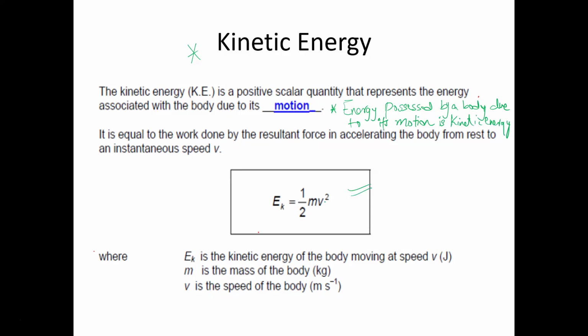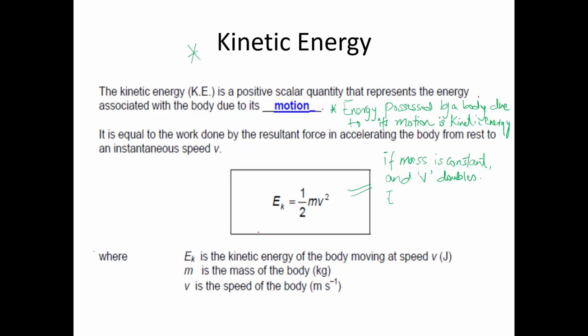So from here we can see that if mass is constant, if mass is the same, and v, that is speed, doubles, okay? Mass is constant, mass is not changing, and speed doubles. So what is going to have an impact on the kinetic energy?